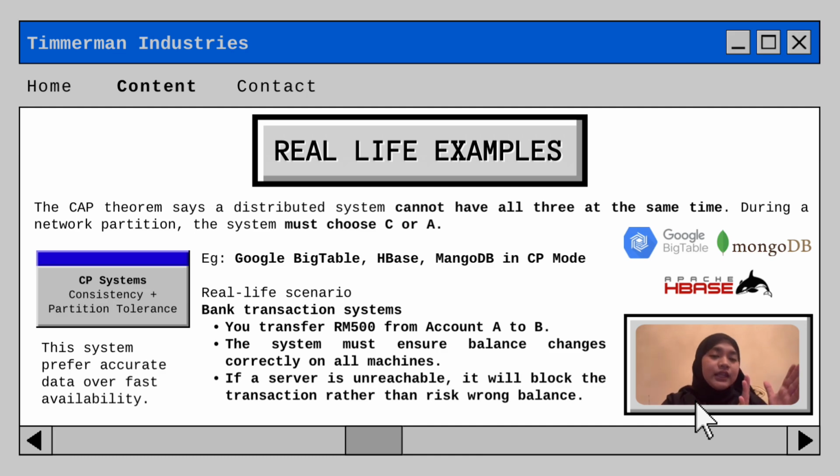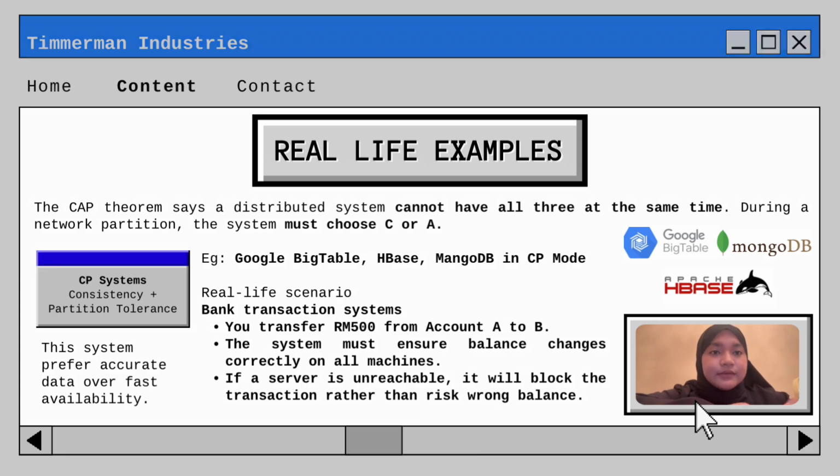From account A with 1,000, you transfer 500 to B. When the transfer is successful, account B has 500, and account A must update to the new value after we transfer. If a server is unreachable, it will block the transaction rather than show a wrong balance.